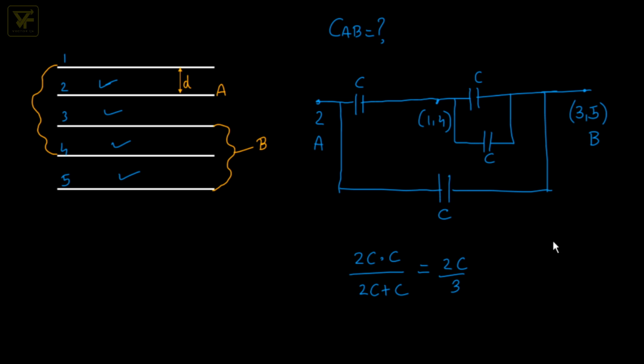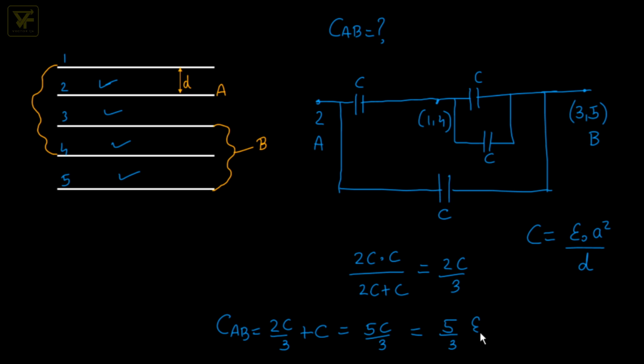Then 2C by 3 is in series with this C. So total capacitance between A and B will be 2C by 3 plus C, which will make it 5C by 3. And what is C, by the way? C is epsilon naught A square by D. So you can put this here, 5 by 3 epsilon naught A square by D. Alright, let's see the next thing.